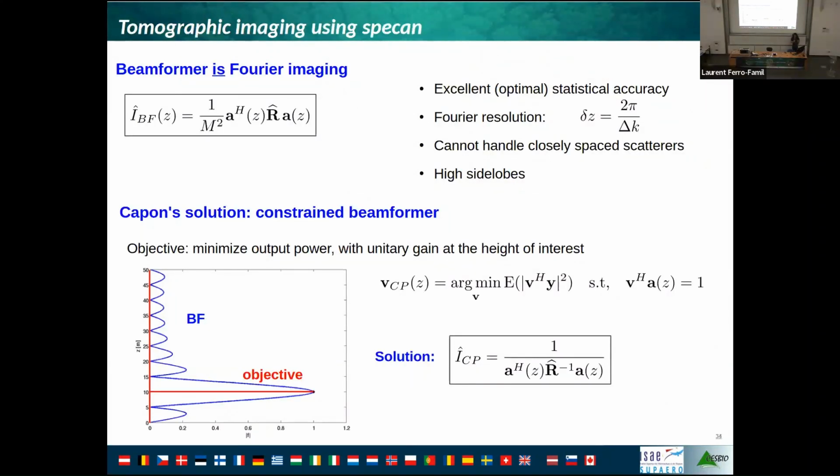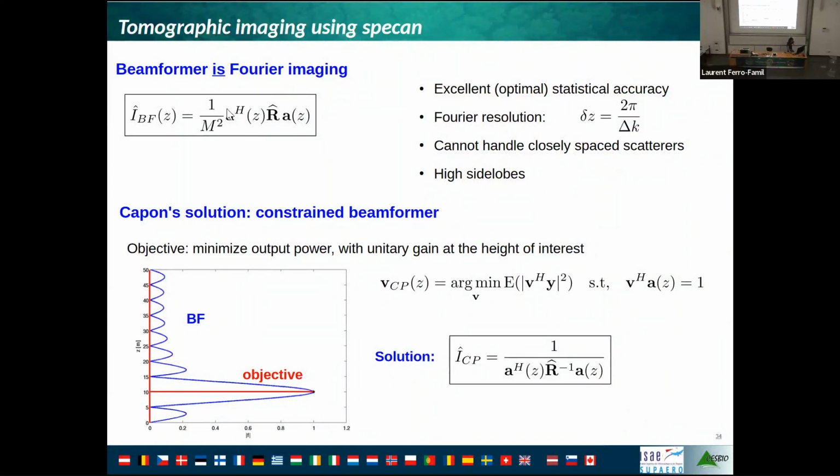So the beamformer, which was what we did at the beginning, I said, oh, it's just a Fourier transform. In fact, when you want to apply it to second order statistics, to have filtered results with a reduced speckle effect, you just need to compute this formula here. You just take a matrix and you multiply it on the right-hand side by a vertical vector and on the left-hand side by a horizontal one, with conjugate phase.